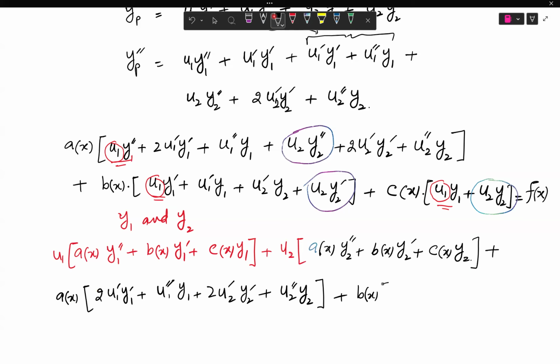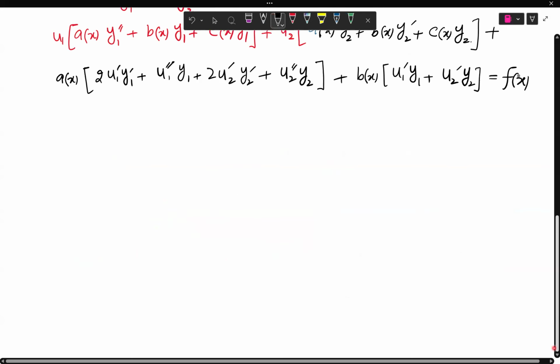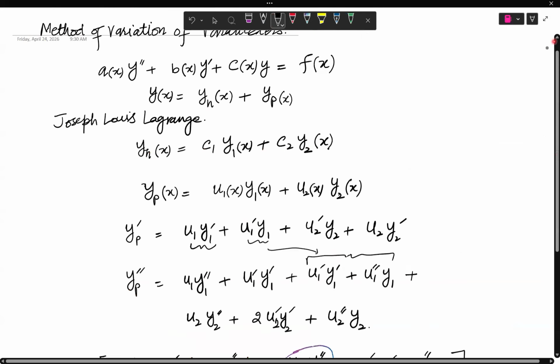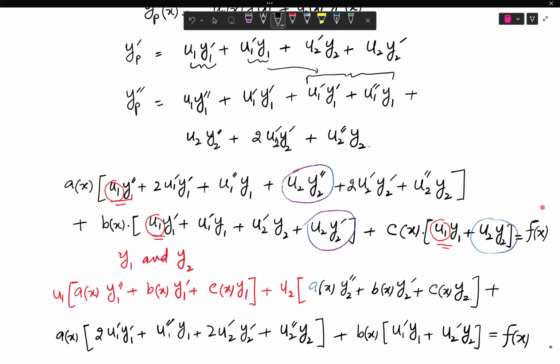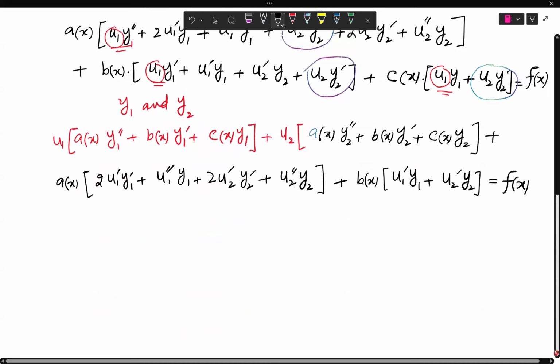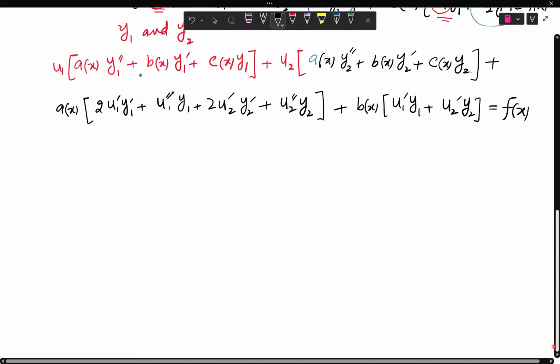plus b(x) times u1' y1 plus u2' y2, and the coefficients of c(x) have been collected in the first two terms, so then it is finally equal to f(x). Okay, so now we can notice the solutions y1 and y2.